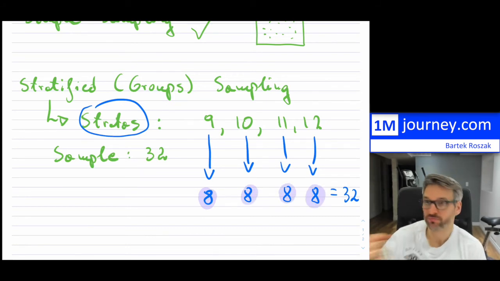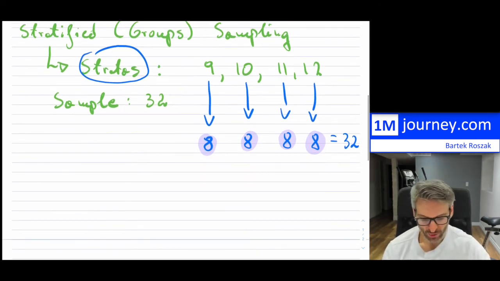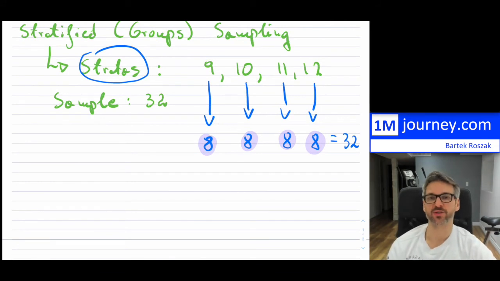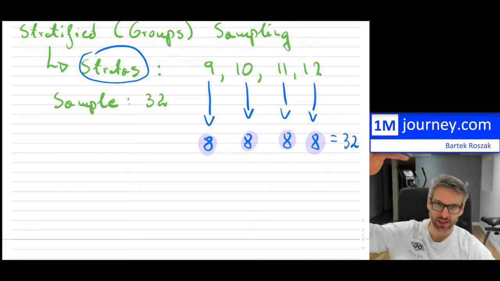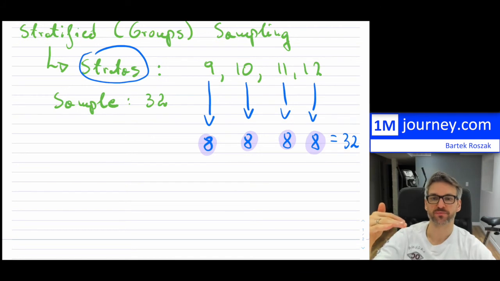Do I just take them as I like? The answer is no. You basically will do exactly the same thing as you did in simple sampling. Meaning, from each group, so from grade 9, you're going to have a list of grade 9 students, and in that case, you're going to use simple sampling for that strata, that group, to pick out 8 students.